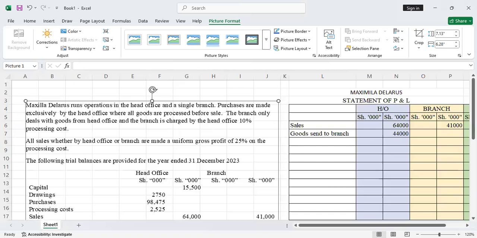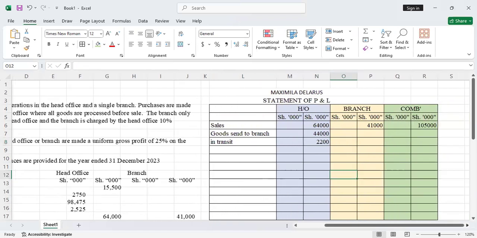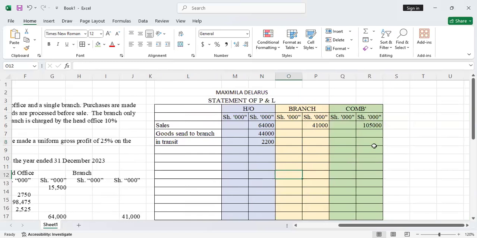So these are the received. And here we come and take note of what is in transit. This is 2,200. For the combined business, we'll have to record this amount that has not been finalized, that is still in transit.